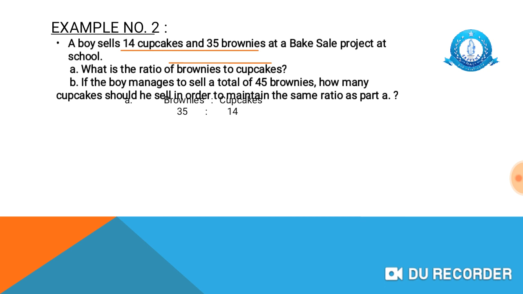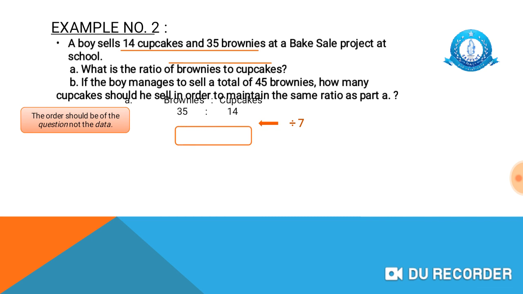You're only supposed to follow the order of the question and not that which is given in the data. We have the ratio 35:14. But our work does not complete over here. We are supposed to simplify this ratio. Find the common table. Here we can see that both the numbers come in the 7 times table. Divide them by 7 and we get our final answer 5:2.